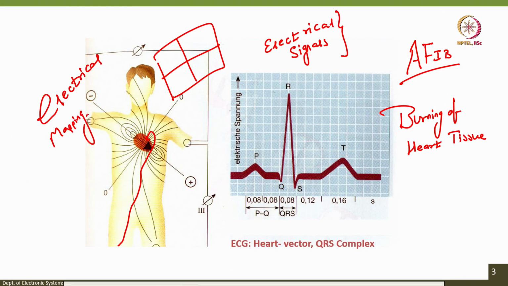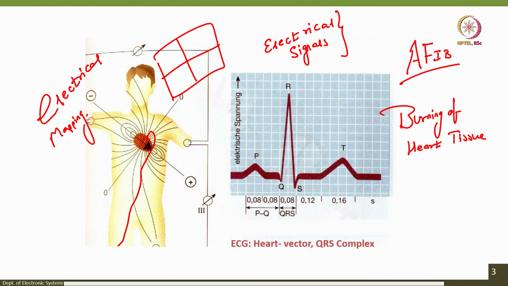Again I am repeating, when the heart starts pumping unevenly, if it is faster then it is called arrhythmia, and if there are slow and fast beats of the heartbeat, it is called atrial fibrillation.